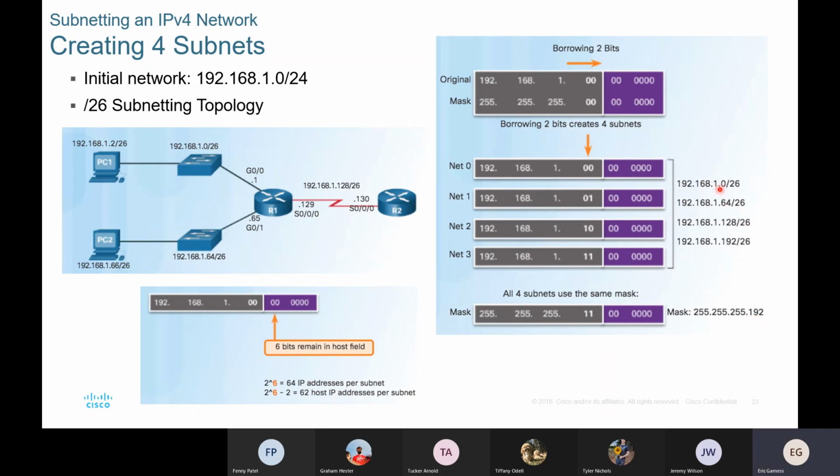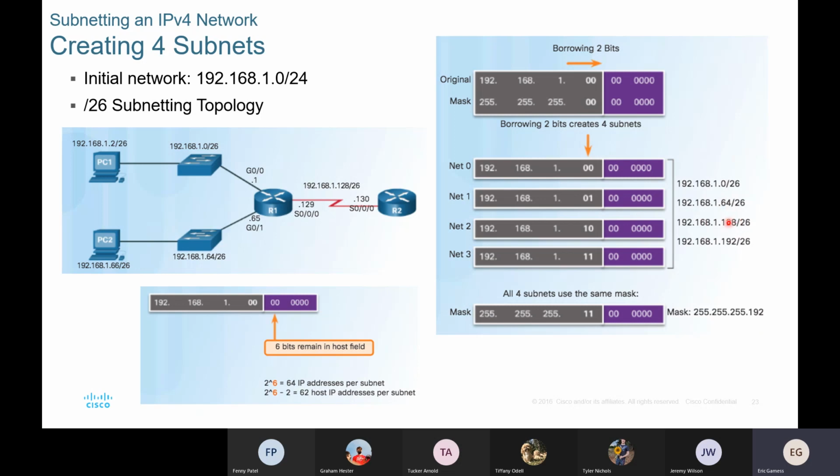So to get the subnets, I will start at 192.168.10.0, which is there. And in the 4th byte, I'm going to go by steps of 64, because the magic number is 64. So 0 plus 64 is 64. That will be the second subnet. 64 plus 64 is 128.